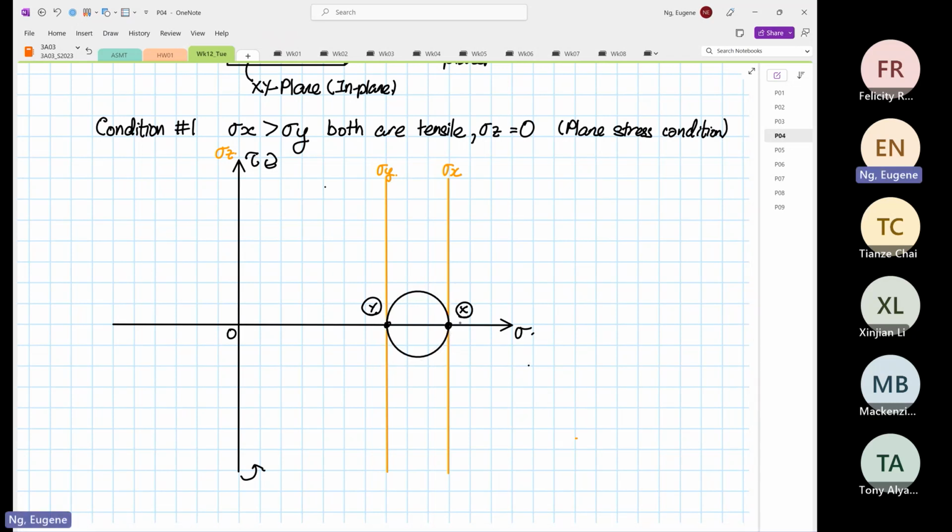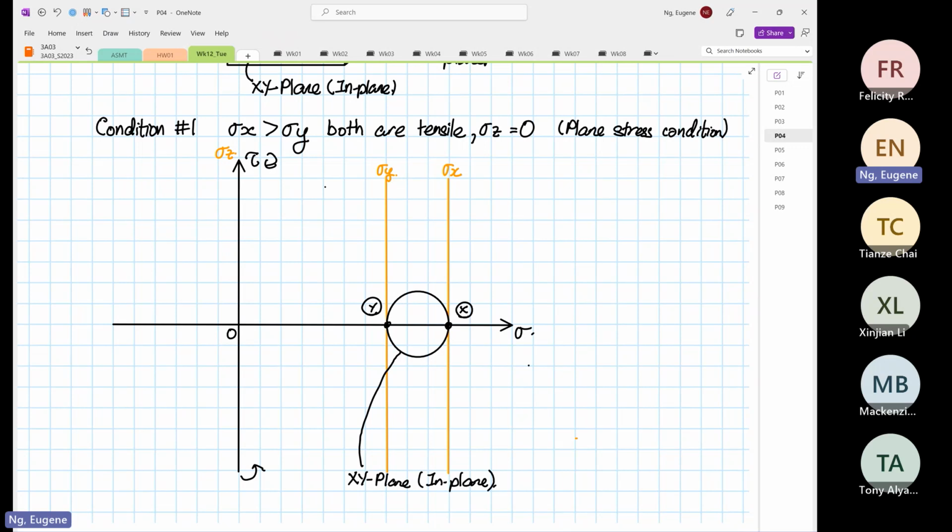So because it touches point X and point Y, I'm going to label this: this belongs to your XY plane, and it's your in plane. And that's the circle that we make.